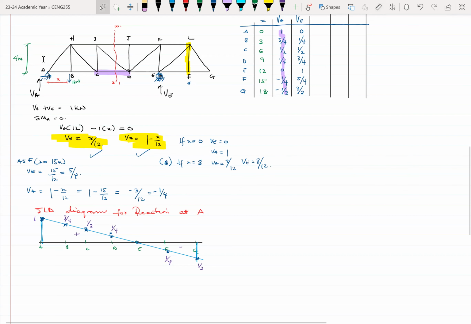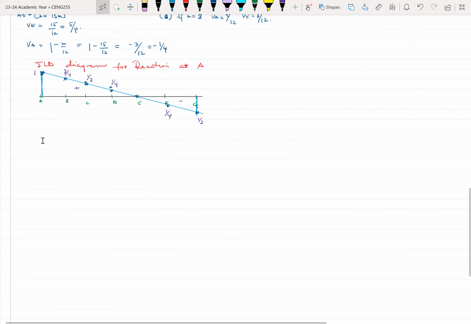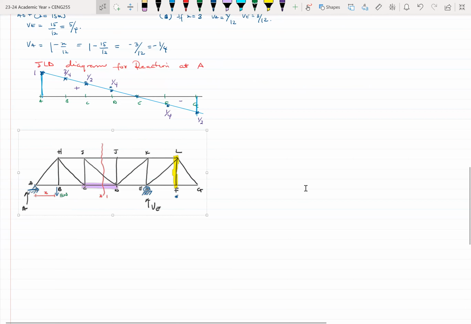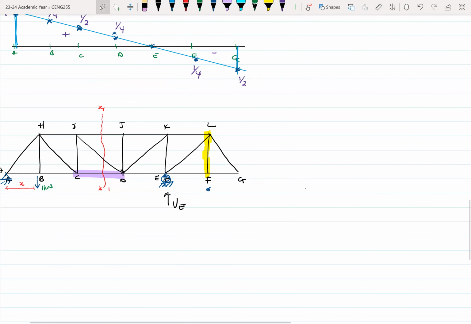Okay. So I think I can take this information here now and then come again and place it in the space. So I'm going to cut a section X1.